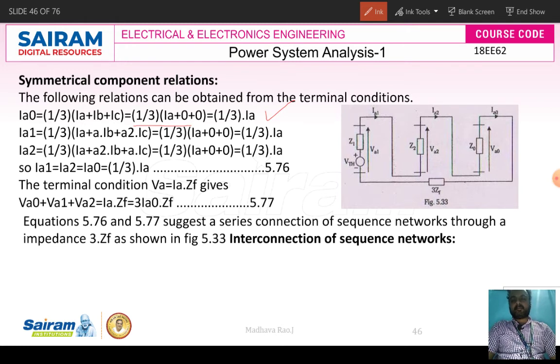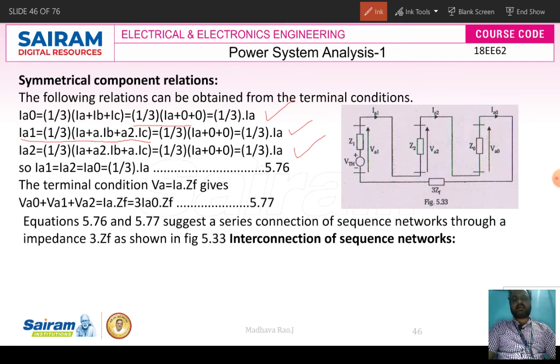Similarly IA1 we know is 1 by 3 into (IA plus A into IB plus A square into IC). IB and IC are 0, so if you substitute, you will get 1 by 3 into IA. And IA2 is equal to 1 by 3 into (IA plus A square IB plus A into IC). So substitute that and you can get 1 by 3 into IA, right? So these are the symmetrical component currents.